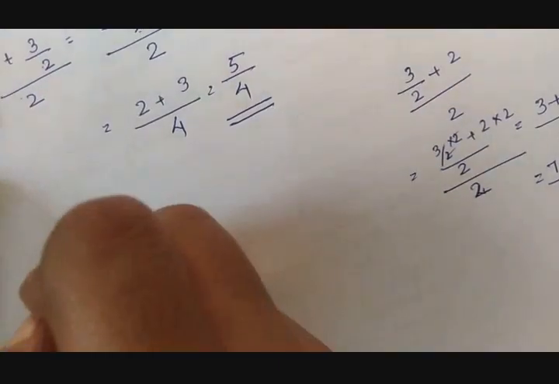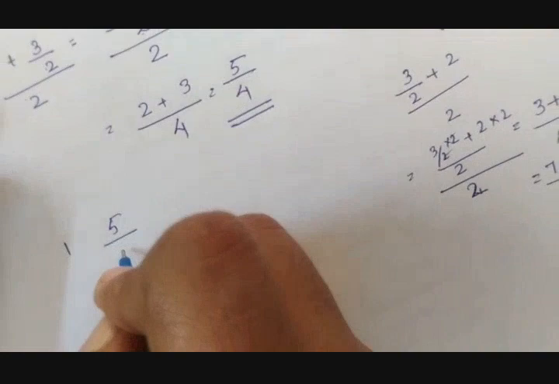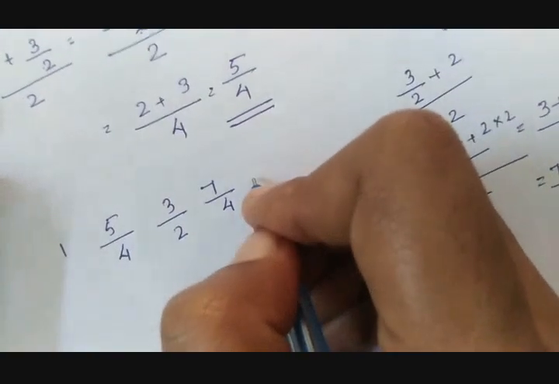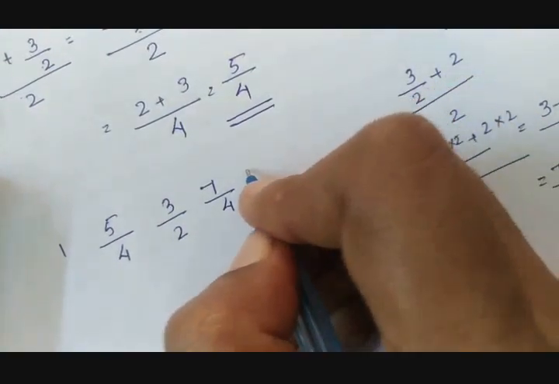So we can rewrite the expression as 1, 5 by 4, 3 by 2, then 7 by 4, then 2.